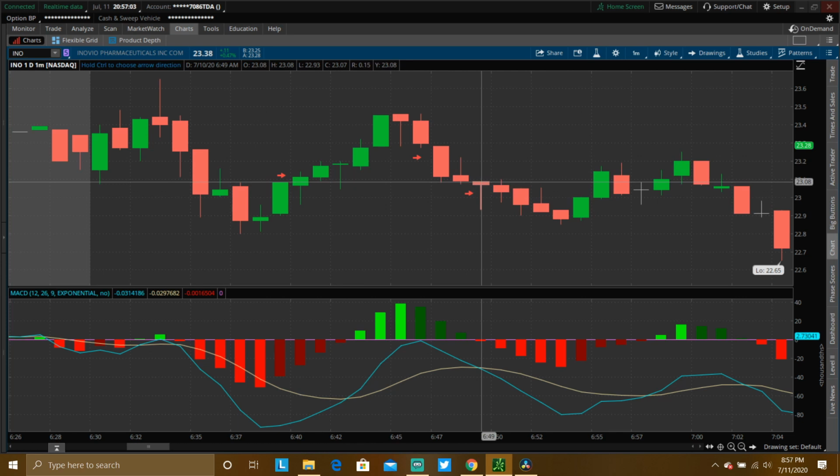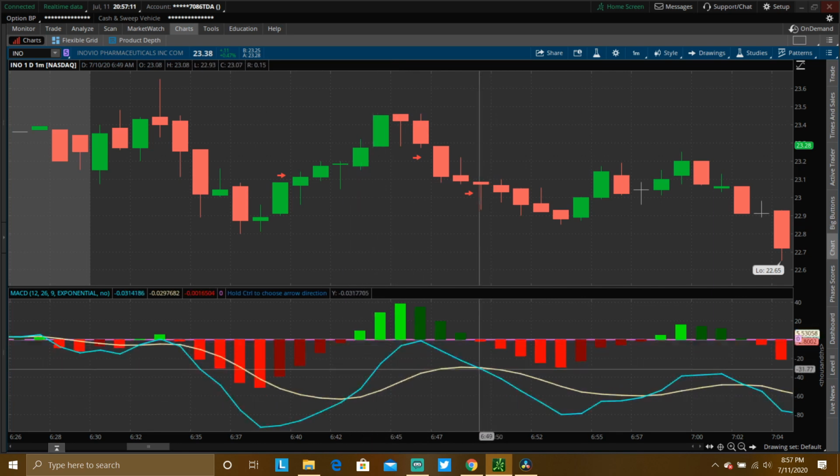So this is actually one of the few cases where you would lose money by buying on confirmation right here and selling right here when it goes down.